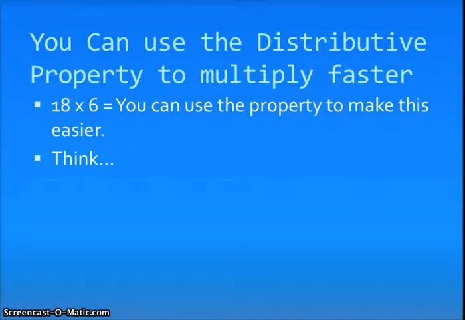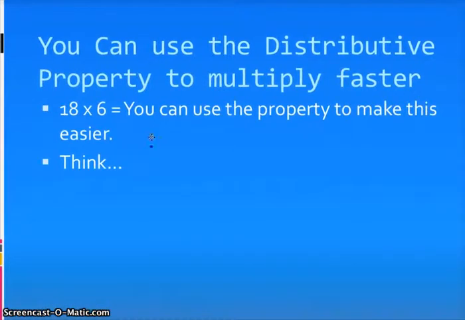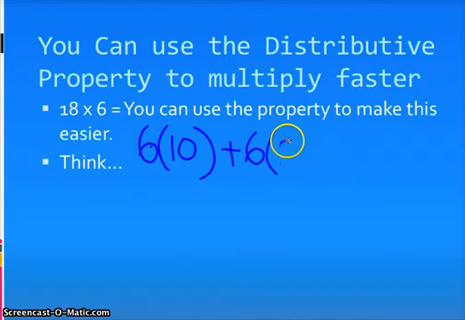Alright, now that you've taken a few notes and thought about this problem, one way we can do 18 times 6 is we can take 6, we can take that multiplied by 10, and we can take, addition, 6 times 8.